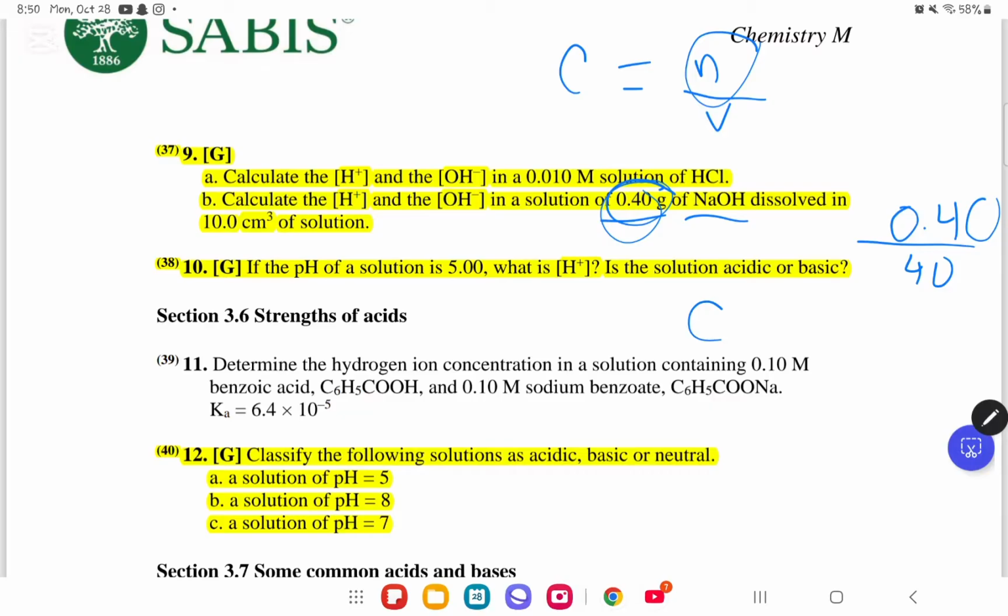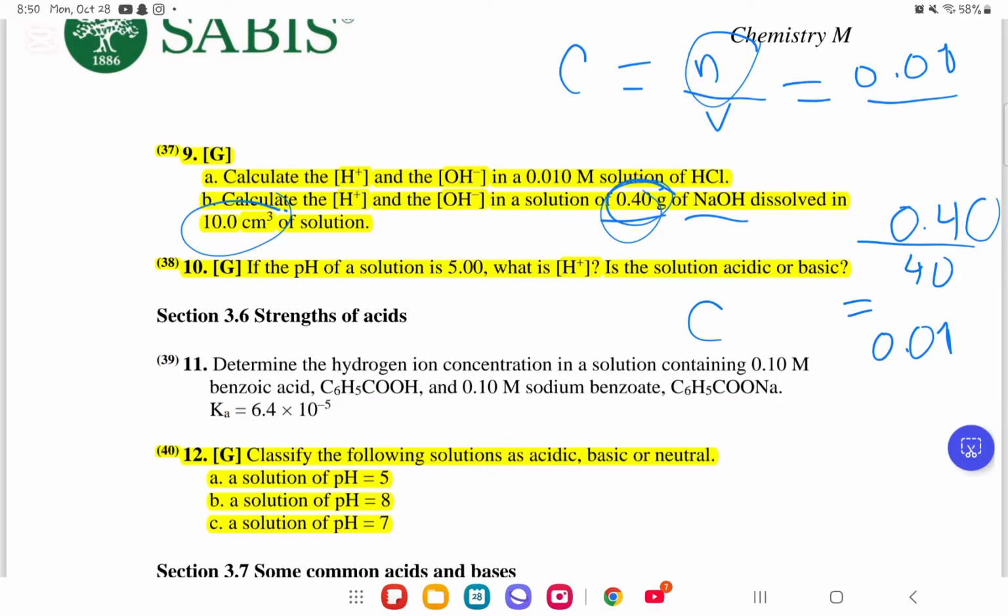So 0.40 divided by 40 is going to give us 0.01 moles. So now we have the number of moles, 0.01. The volume should always be in decimeter cubed or liters. So to change it, we're gonna divide by 1000.